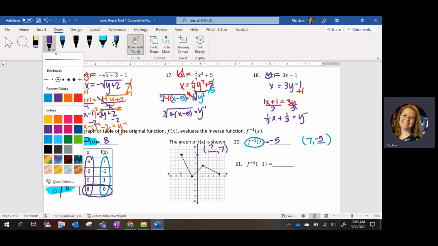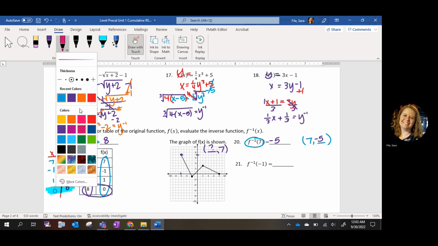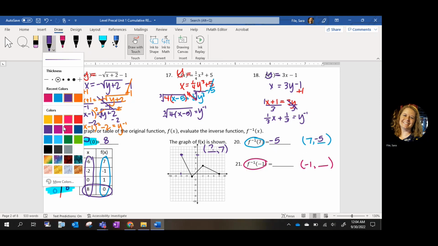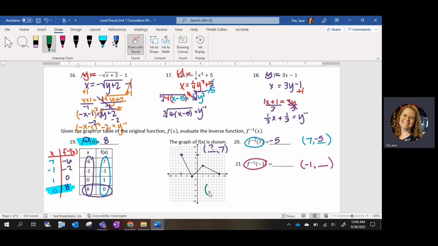So we'll do the same thing here. For the inverse f of -1, that means we're looking for this y value. But on the original, that means there was a point at -1. So we're looking for where y is -1, what is x?